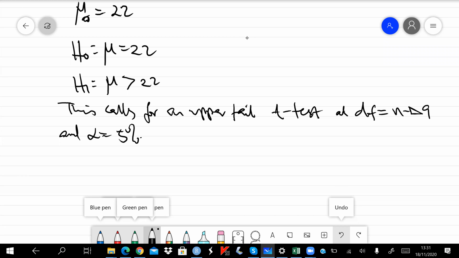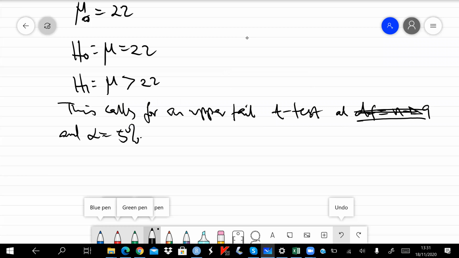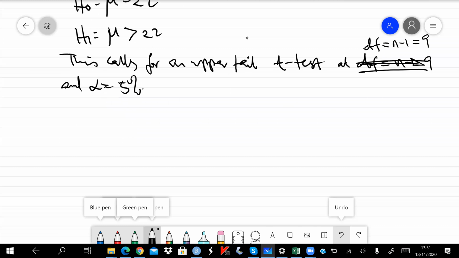So the t value will be fully defined when we know the degrees of freedom and also the value of alpha. Degrees of freedom is equal to n minus 1, which is 9. Okay, so let's set up our critical region using the t distribution here.